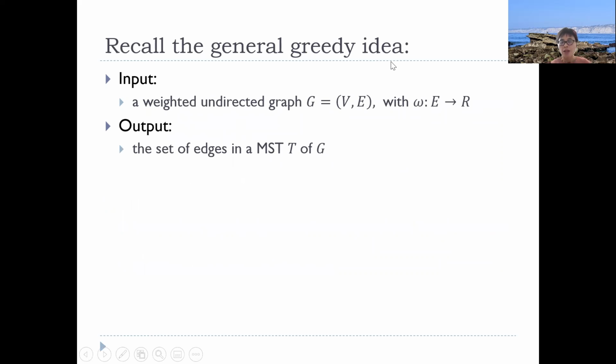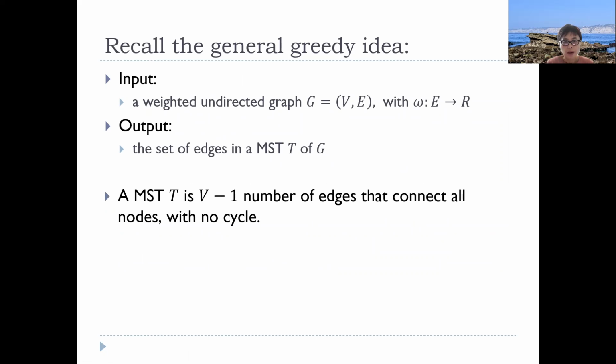Recall that our input is a weighted undirected graph with weight function omega on the edges, and the algorithm will output the edges in the minimal spanning tree. Remember that a tree connecting V nodes has V minus 1 edges.